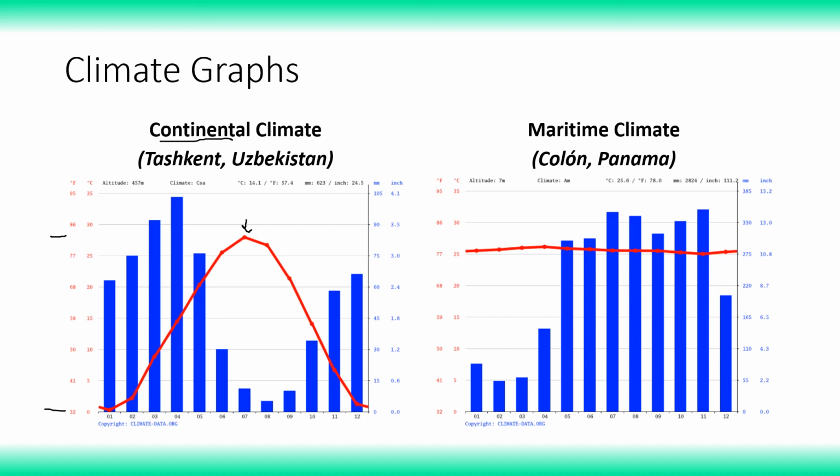Now the blue bars, you have to be careful when you're looking at this for your climate project. The blue bars appear to be taller, some of them, like this one right here, appears to be taller in Tashkent, Uzbekistan, compared to all the blue bars over here in this maritime climate. But you need to be careful and look at the scale on the axes.